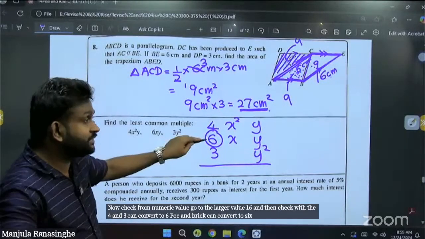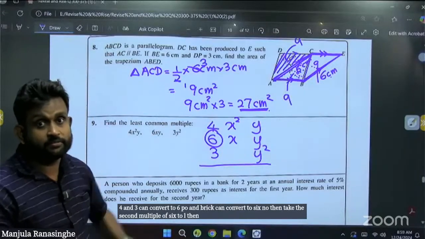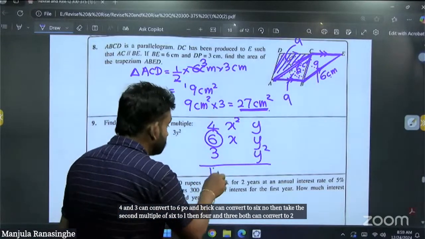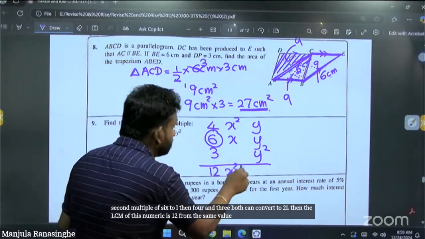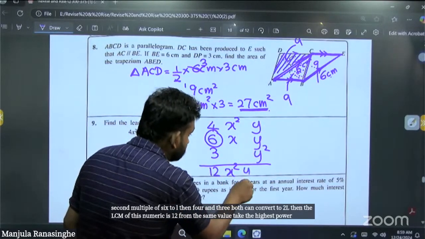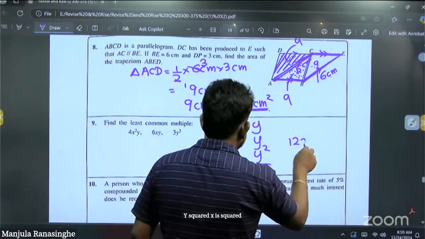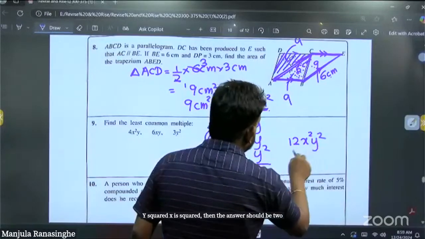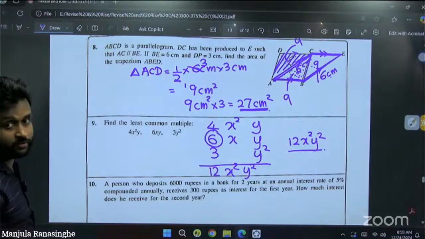No, then take the second multiple of 6, 12. Then 4 and 3 both can convert to 12. Then the LCM of the numerics is 12. From the same variables, take the highest power, x squared, y squared. Then the answer should be 12 x squared y squared. That is the least common multiple of that.